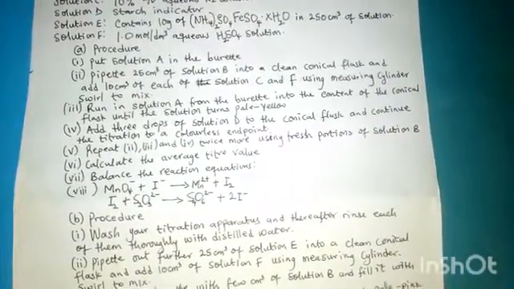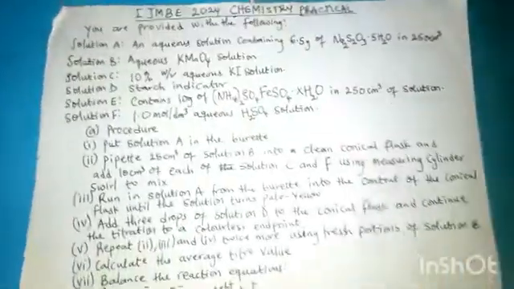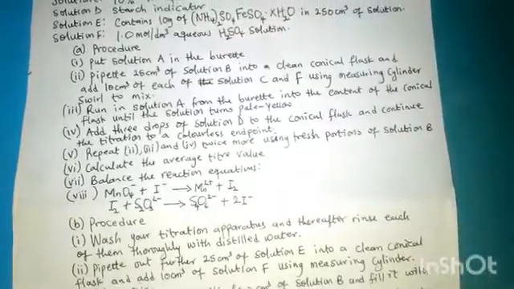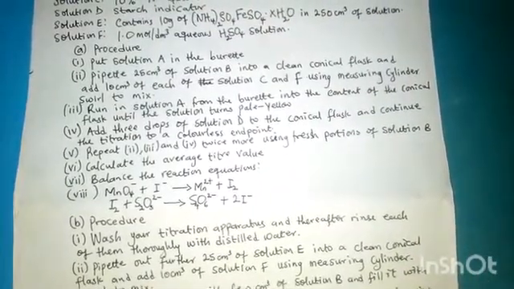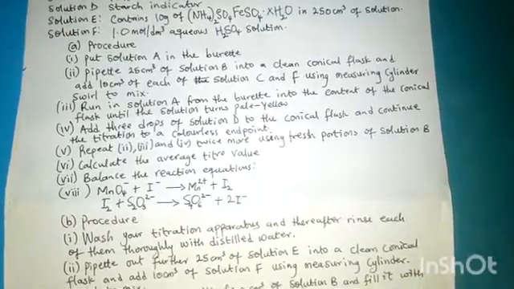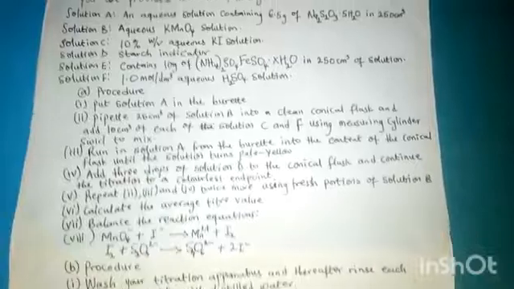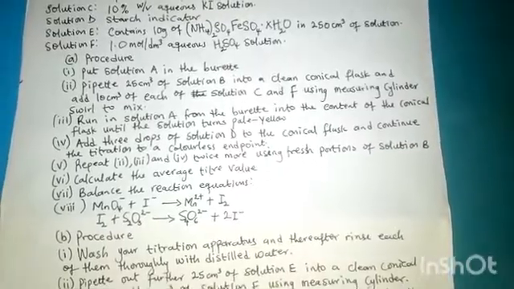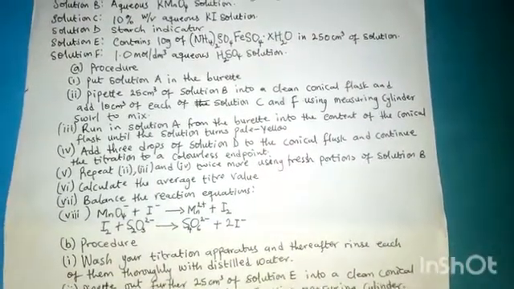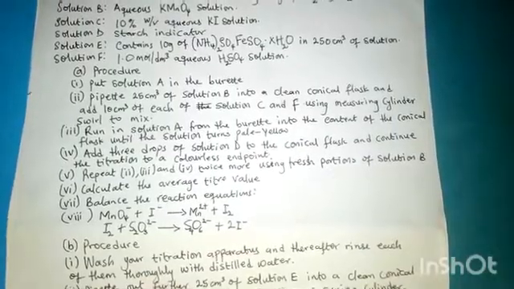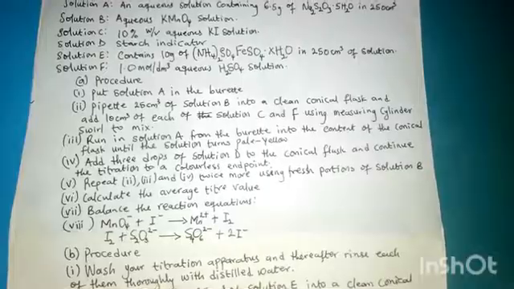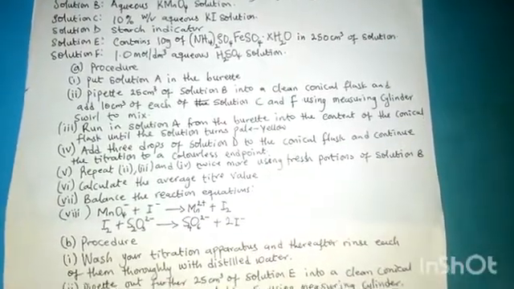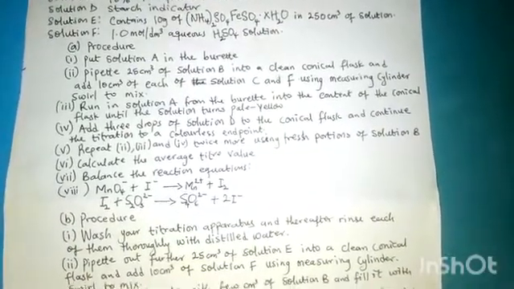So let's go through the procedure. We put solution A in the burette, then you pipette 25 cm3 of solution B into a clean conical flask and add 10 cm3 each of solutions C and F. So after putting 25 cm3 of solution B into the conical flask, we take 10 cm3 of solution C and F using the measuring cylinder and mix them together.